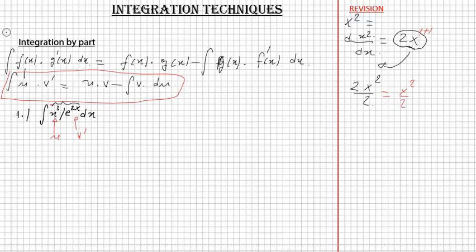Now if you replace these two elements by u and v dash respectively, you actually have the integration of u multiplied by the derivative of v. Then we need to use that formula for integrating by parts. That gives uv minus the integration of v times the derivative of the function u.